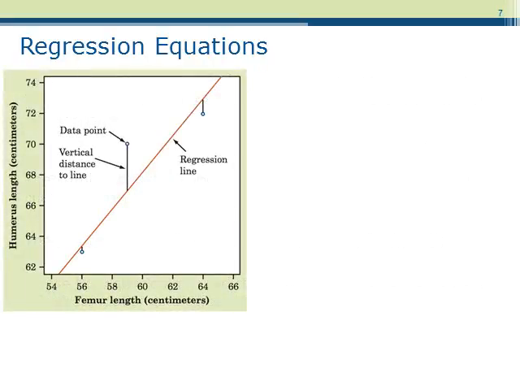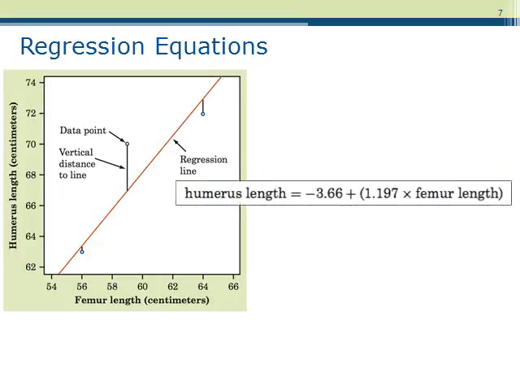For instance, let's return to the example relating femur length and humerus length. The regression line was chosen by choosing the one that makes the vertical distance between the line and the points as small as possible. So if x denotes our femur length and y denotes our humerus length, then it turns out that the least squares regression line is y = -3.66 + 1.197x.